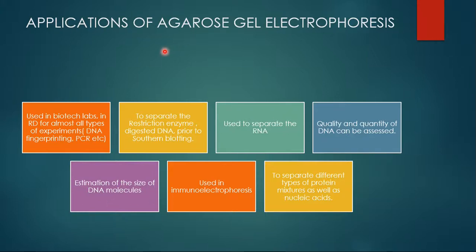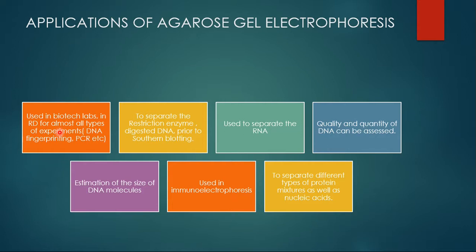Then coming to the applications of agarose electrophoresis, we have several applications. So majorly the first one is that it is used in biotechnological labs in R&D departments for almost all types of experiments like DNA fingerprinting, polymerase chain reactions, etc. And this is also used in checking restriction enzyme digested DNA prior to Southern blotting.